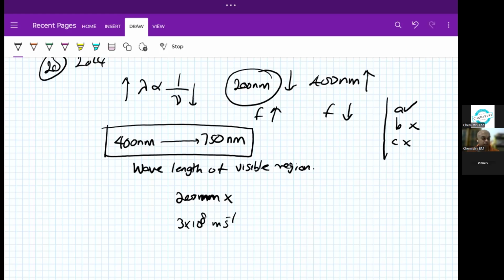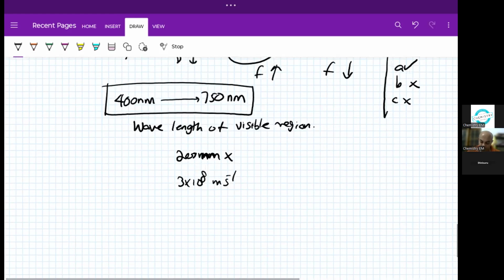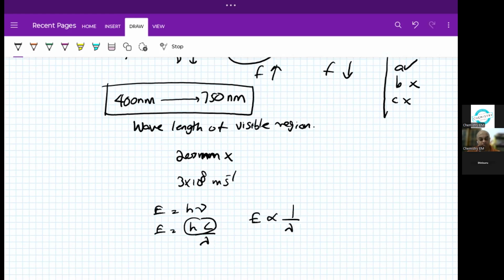Then D, its photon has a higher energy than a photon of radiation of wavelength 100 nanometers. We know E equals h nu, and we can say E equals hc divided by lambda. When c and h are constant, E is inversely proportional to lambda.